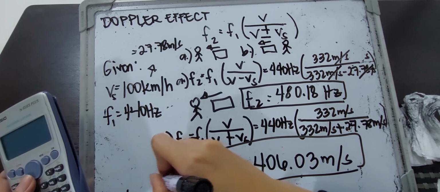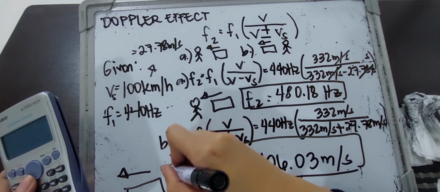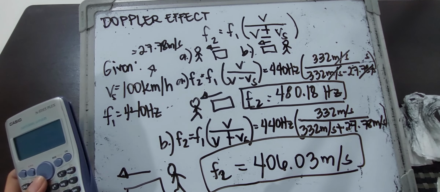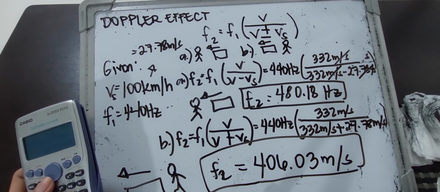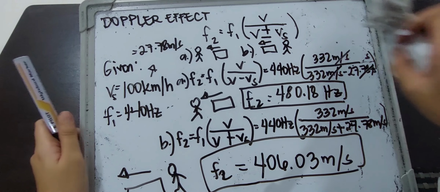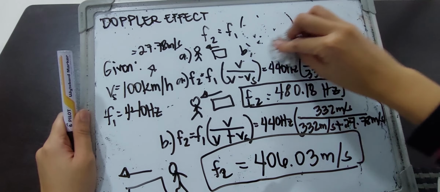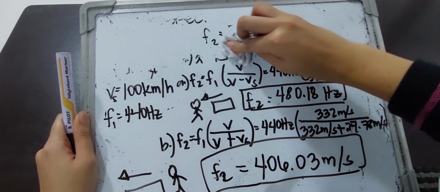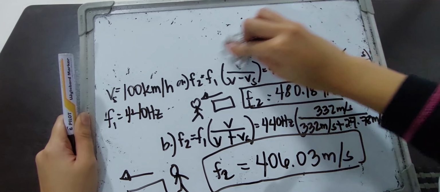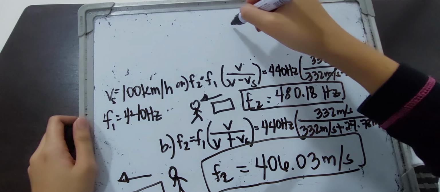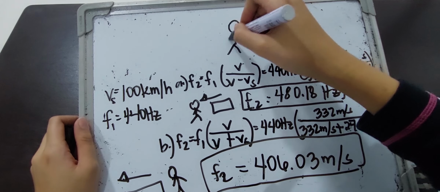So, nung lumagpas na yung car dun sa observer or sa hiker, it means that, wait lang, for you to better understand, I will draw a very simple diagram. So, for example, this is the observer.